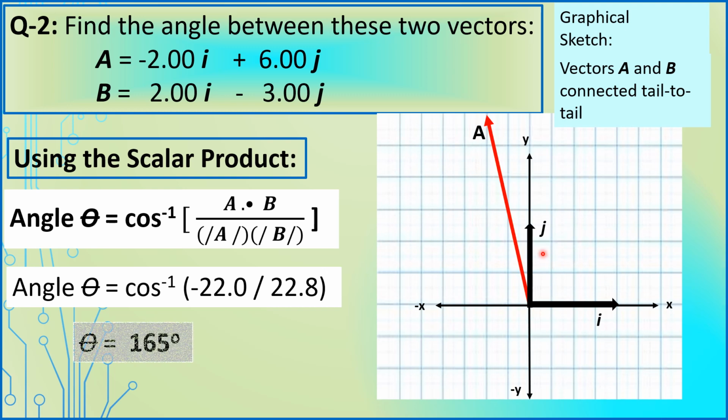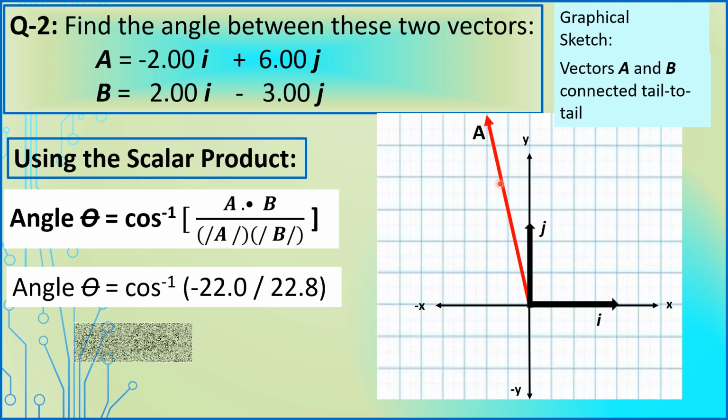If you notice, it is drawn such that its x component is 2 units towards the negative x-axis, while its y component is 6 units, 1, 2, 3, 4, 5, 6.